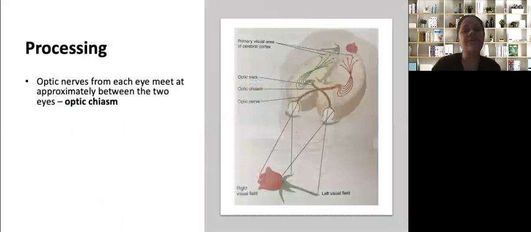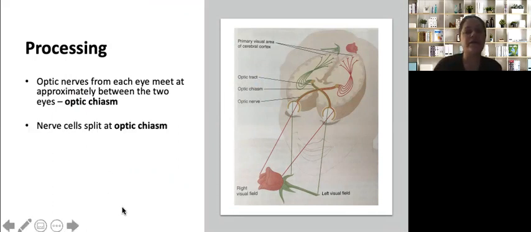Now, as this information is being processed through the optic nerve, it doesn't just go straight to the brain. It actually travels to a point where the optic nerve from each eye meets in the middle, approximately right between your eyes. And this is known as the optic chiasm. And here, the optic nerve cells split.